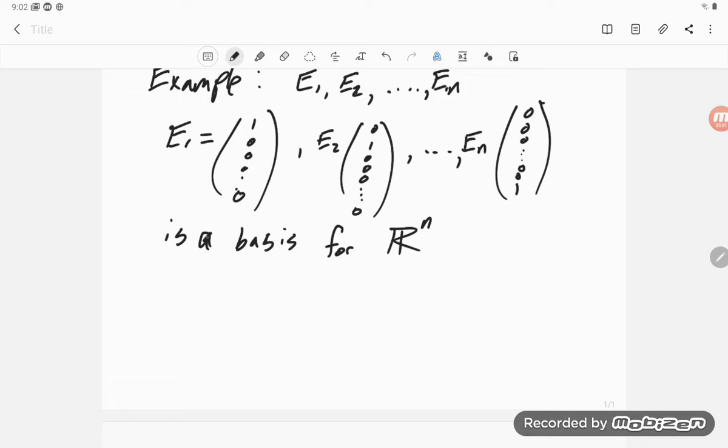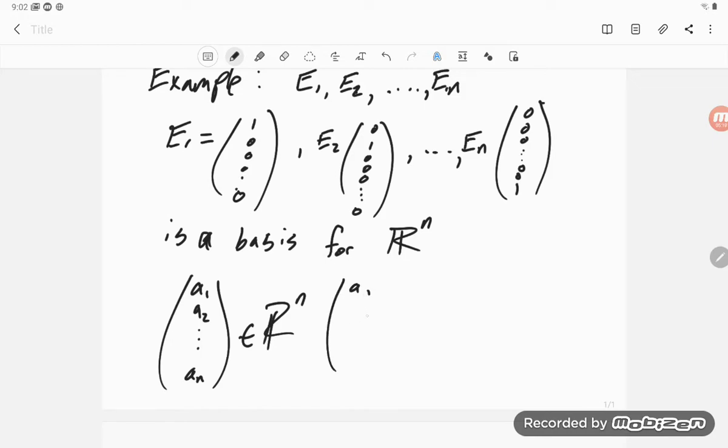Because something like A1, A2, all the way down to AN, that's an element of Rn, but I can write that as A1 down to AN equal to A1 times E1 plus A2 times E2 all the way to AN times En.